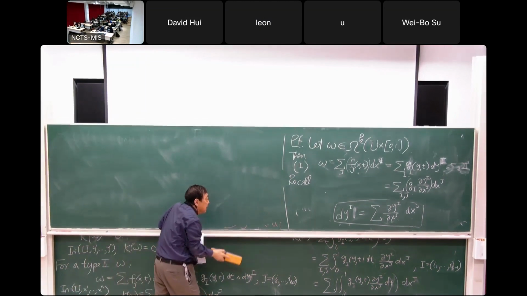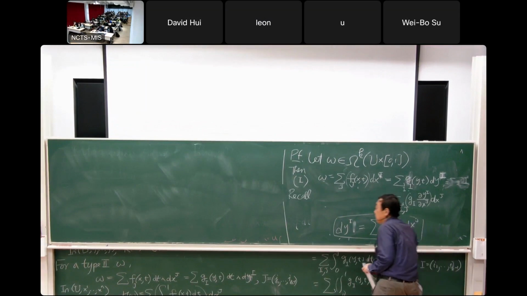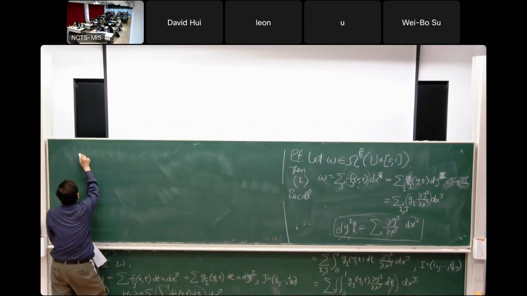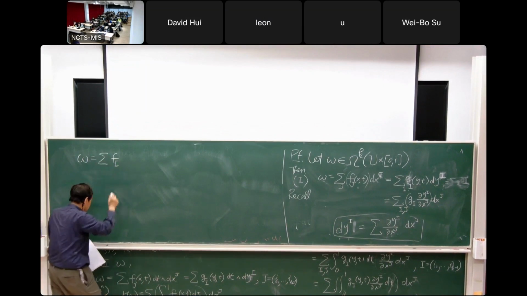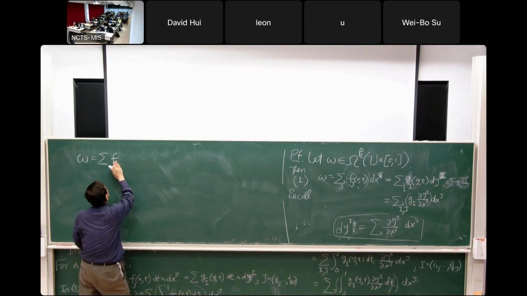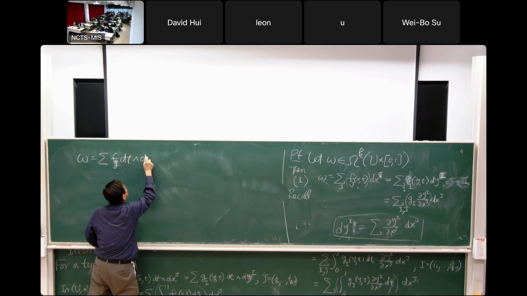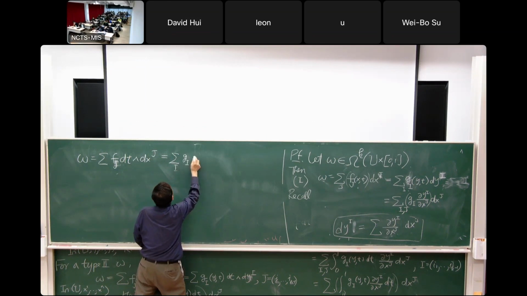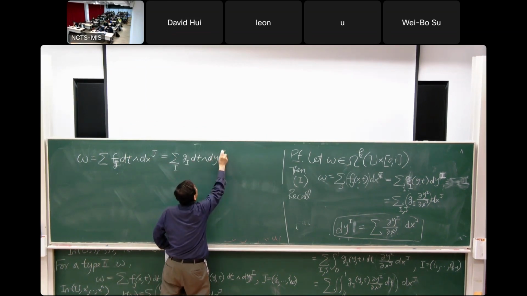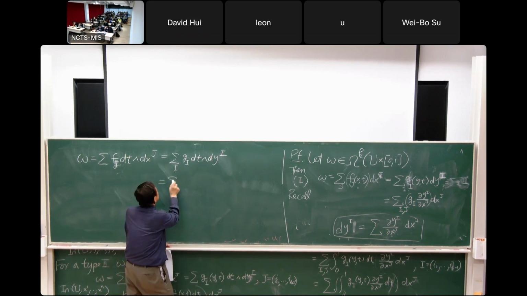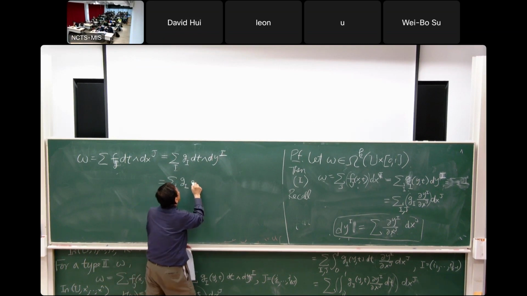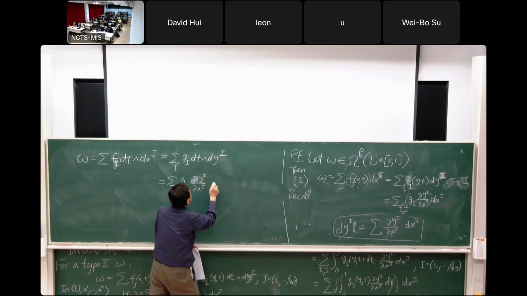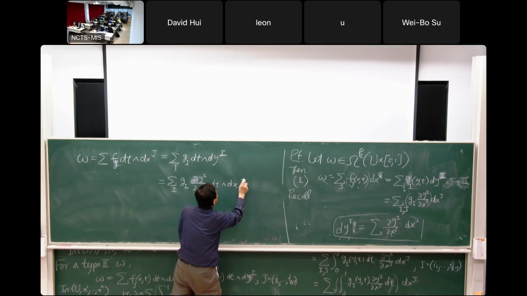Okay. Yeah. So omega is the sum of fj dt wedge dxj, and it's also the sum of gi dt wedge dyi, and I'm going to replace dyi by the determinant times dxj.